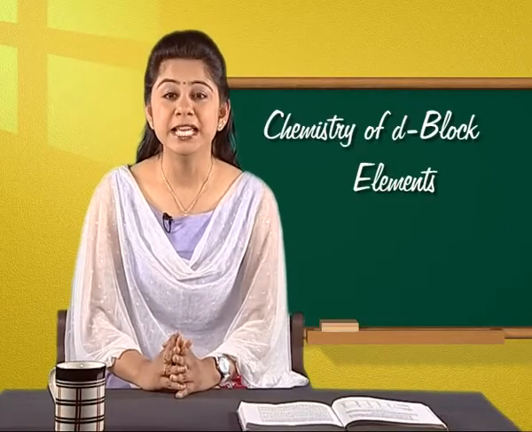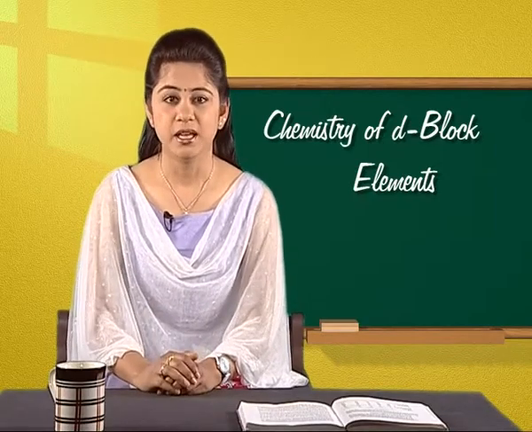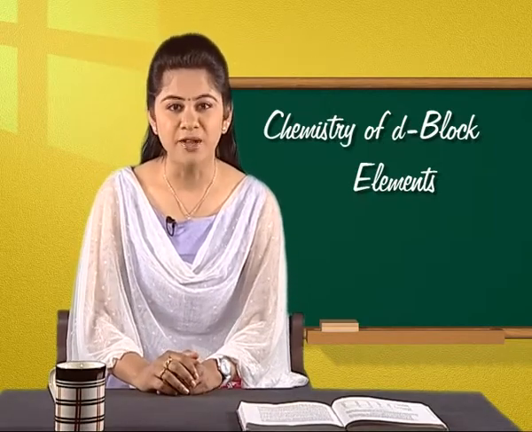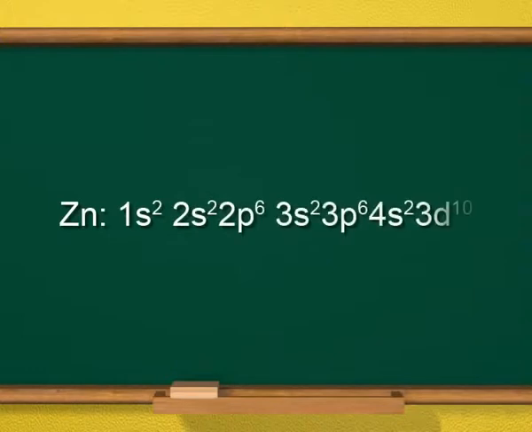Let's look at the d block element zinc. The electronic configuration of zinc is also shown here: 1s2, 2s2, 2p6, 3s2, 3p6, 4s2, 3d10.